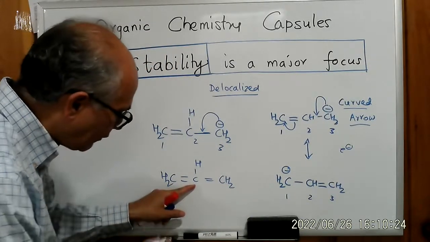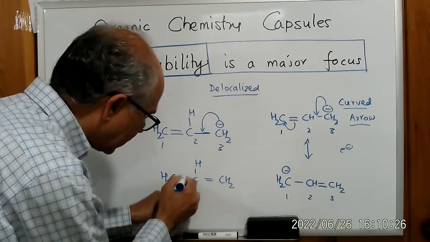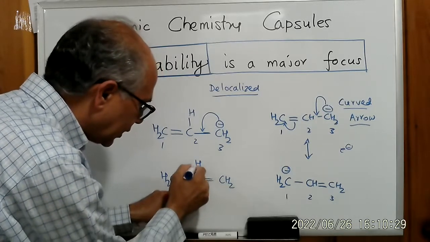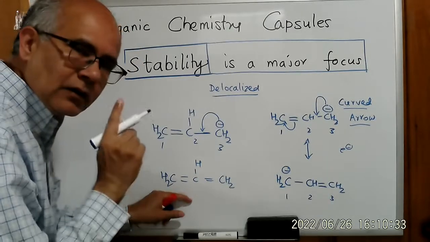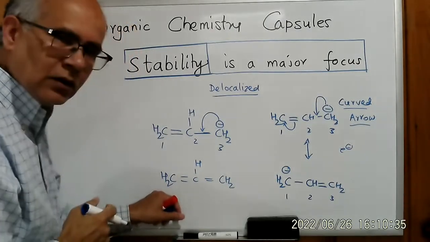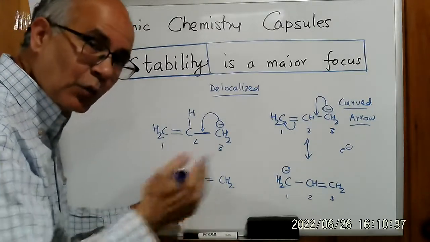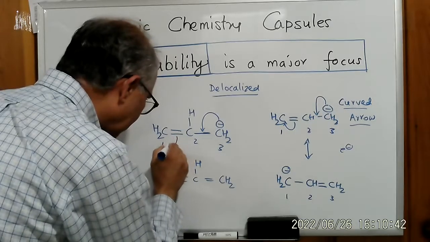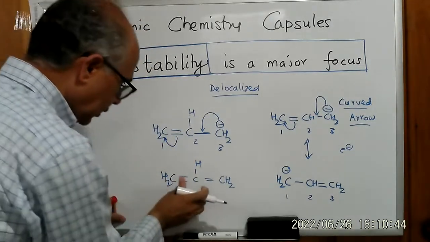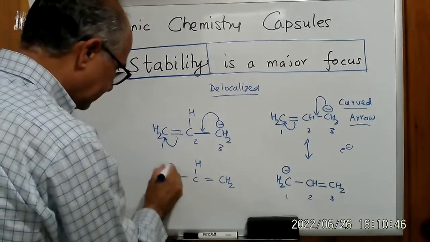This carbon will have 5 bonds, 2 in a double bond there, 2 in a double bond there, and 1 with a single bond to the hydrogen. That's not possible. Carbon always forms 4 bonds at most. So for that reason, this double bond moves to that carbon.